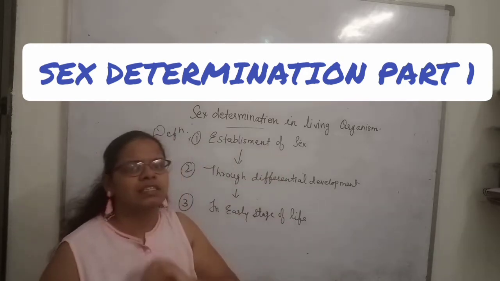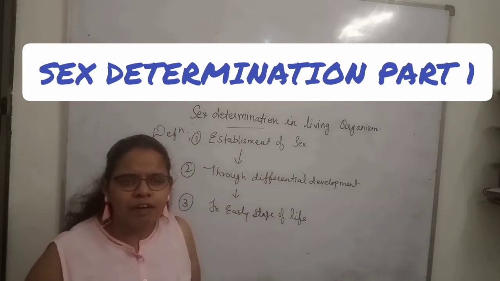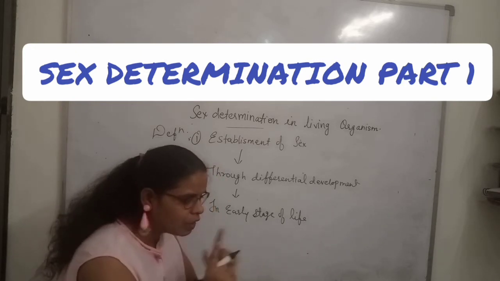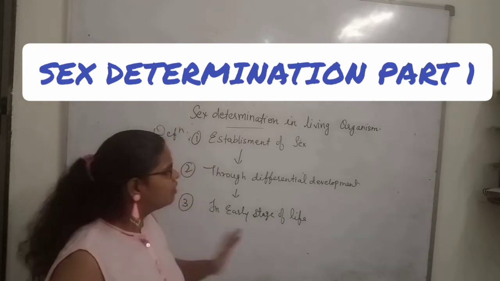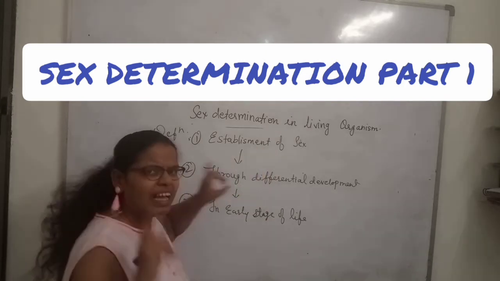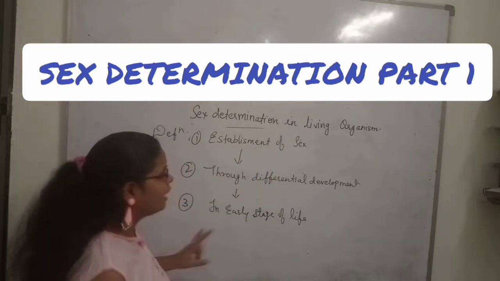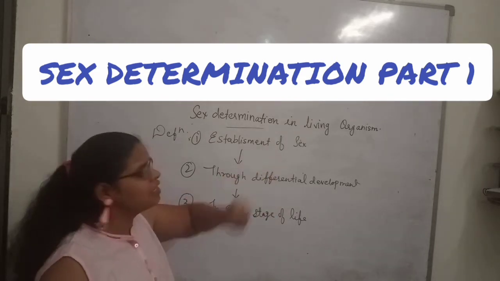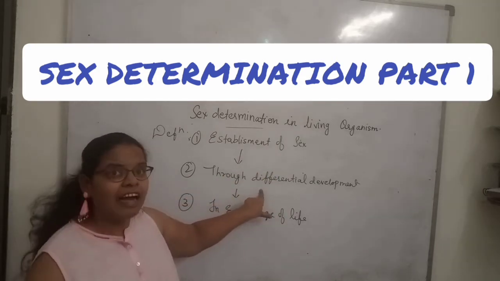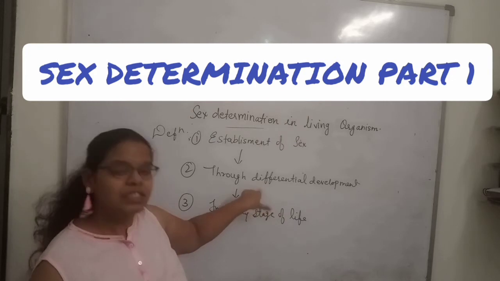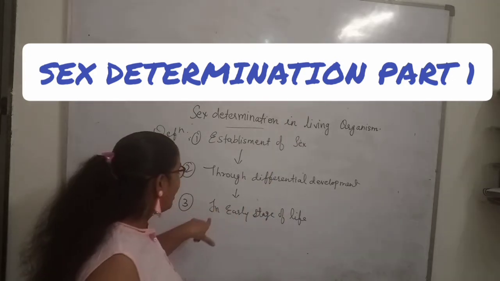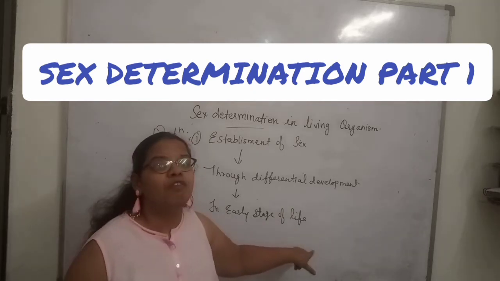Establishment of sex. Establishment of sex means we are going to establish the sex, whether it is going to be male or female. This will be decided right here. Then next, through differential development. How will this be decided? It will be decided on the basis of what different development is happening in it. When will it be decided? At an early stage of life.